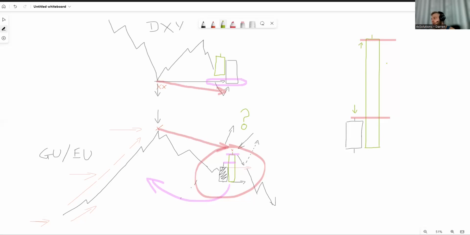Now, how do we know that when price decides, or if it decides, to trade lower here, that it's not just going to stop here and reverse, but is it going to pause here, consolidate and go higher, or is it going to pause here, consolidate and go lower?